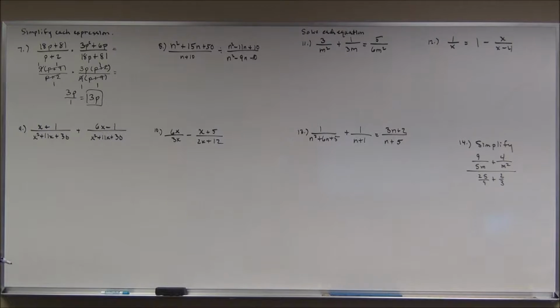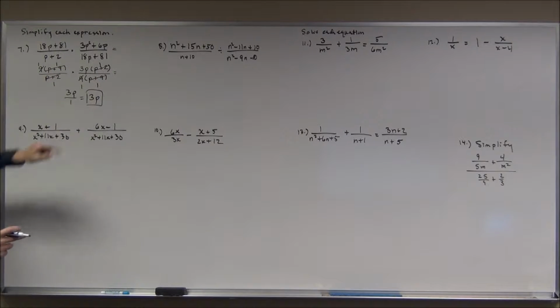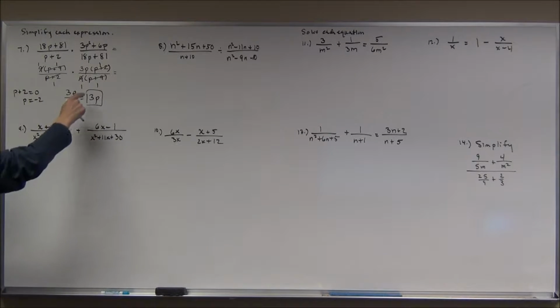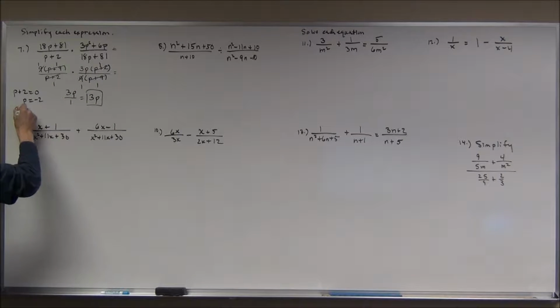Now, if they ask you for restrictions on these expressions, you're going to want to take these denominators and set them equal to 0 and see what values make any of the denominators equal to 0. Like here, if I set p plus 2 equal to 0 and subtract 2, I get p cannot equal negative 2. Over here, if I set 9 times the quantity p plus 9 equal to 0, well, 9 can't be 0, but p plus 9 could be 0.